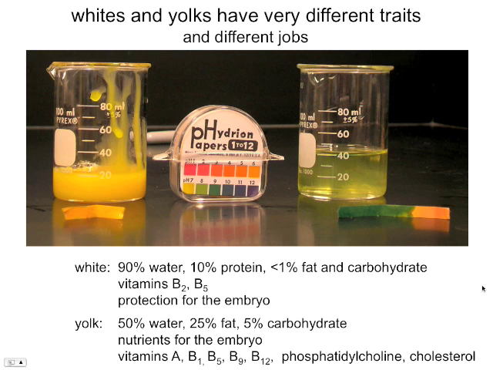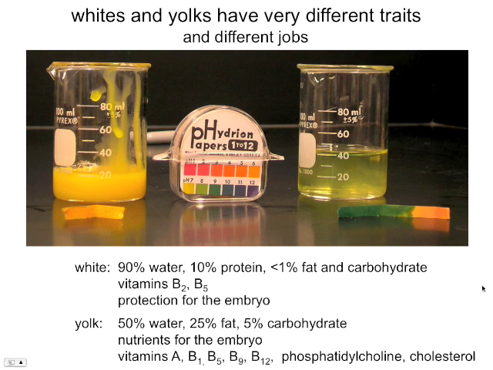But here's some pH paper, and as an aside, if any of you are thinking about using pH as a variable in any of your kitchen experiments, do not hesitate to come by my office, and we'll find a way to get you the supplies that you might lack, such as litmus paper. Anyway, we see that the pH of the yolk is 5 or 6, low on the acidic side compared to the white, which is more up there at 8 or 9 pH, fairly basic. Anyway, back to these numbers.